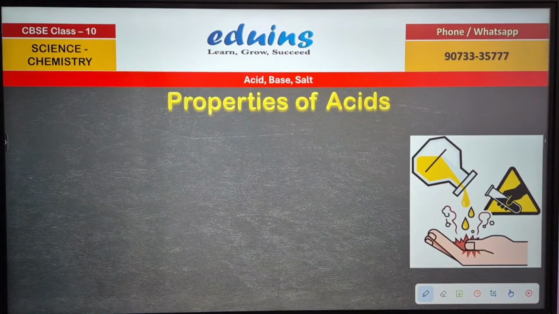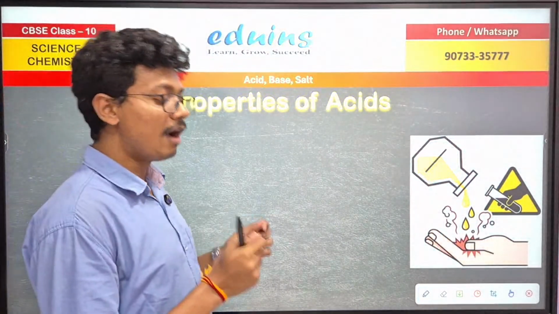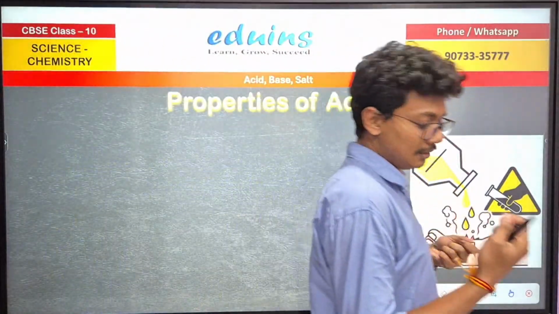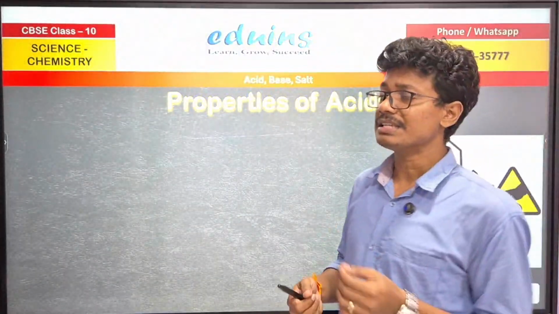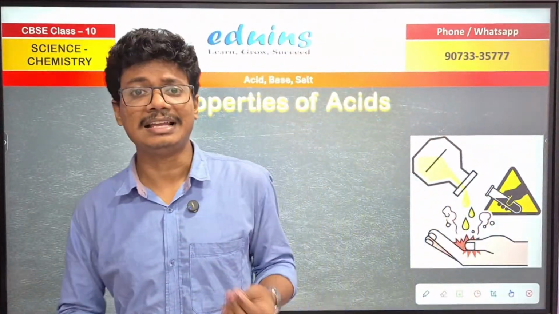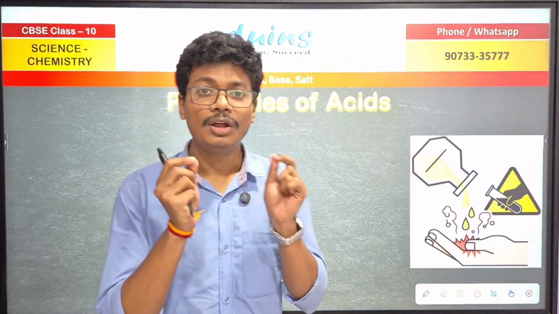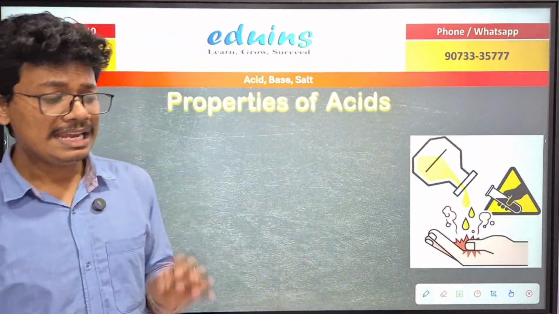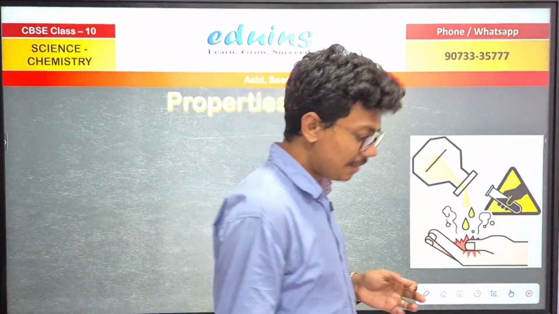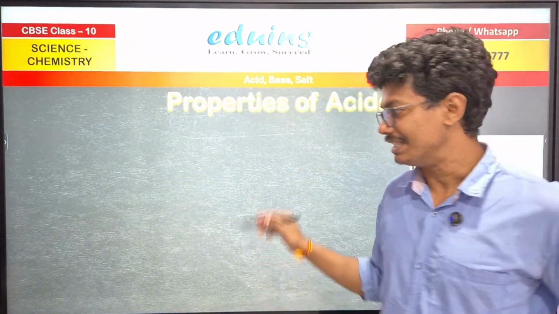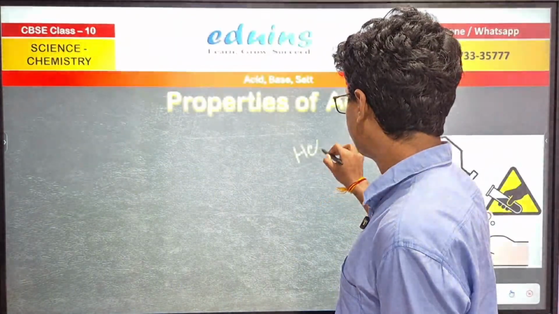The acids found in organisms or any fruits, any vegetables are known as organic acids, and these are weak acids. In humans and other animals, the stomach acid is HCl, which we have already discussed in our previous class.